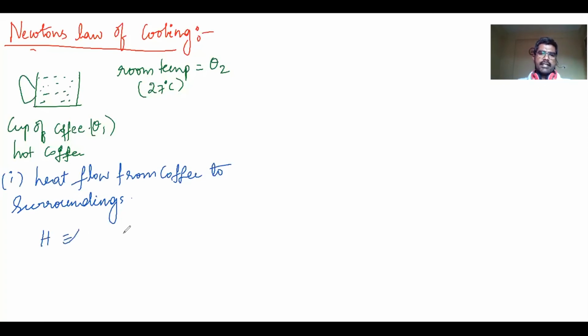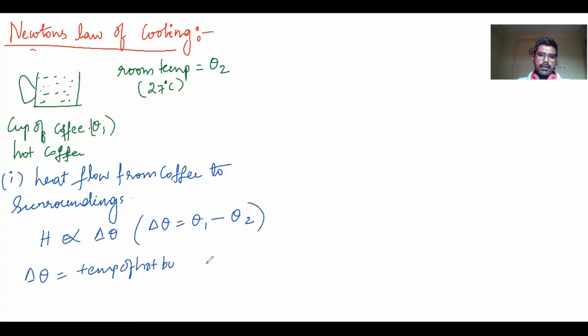heat transfer is directly proportional to delta theta, where delta theta is equal to θ1 minus θ2. Delta theta is equal to the temperature of the hot body minus the temperature of the surroundings.